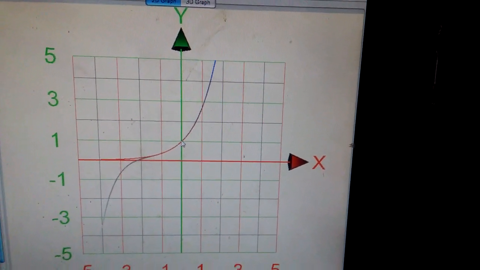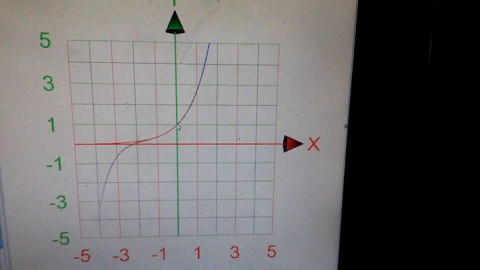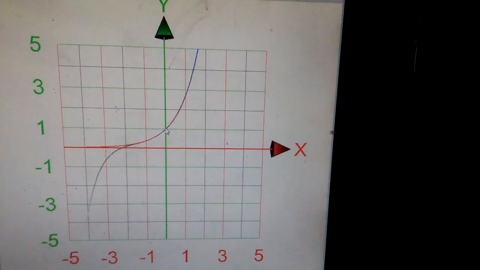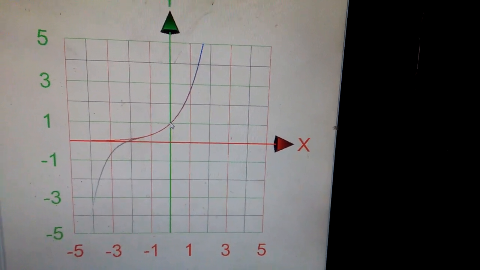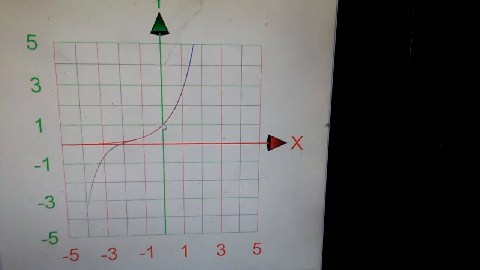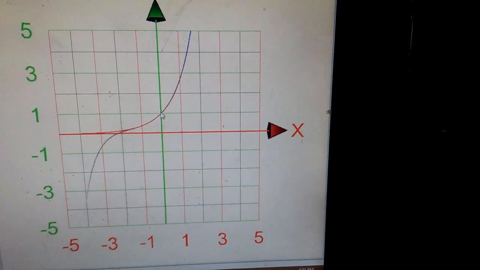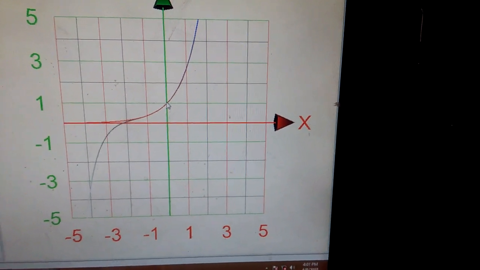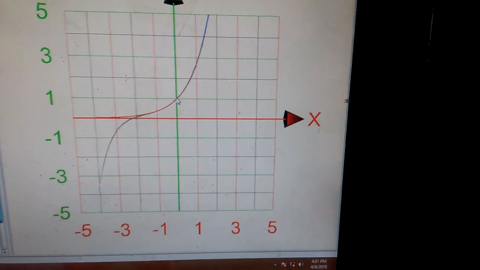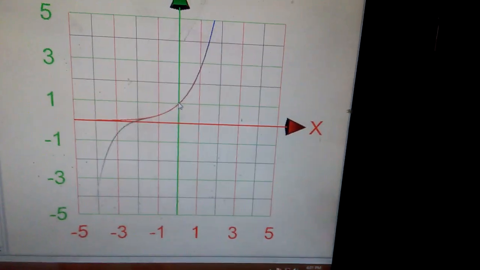So that's exactly what we are willing to understand: how we are going to obtain the polynomial approximation.